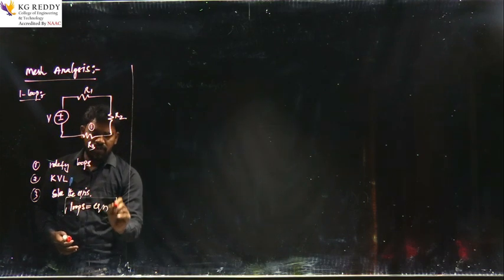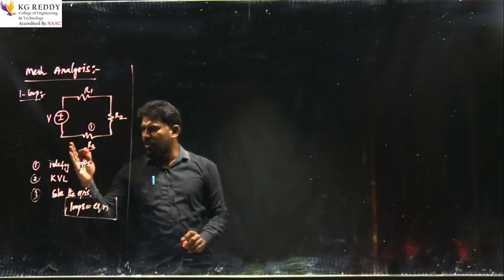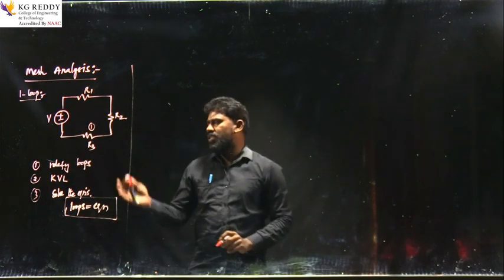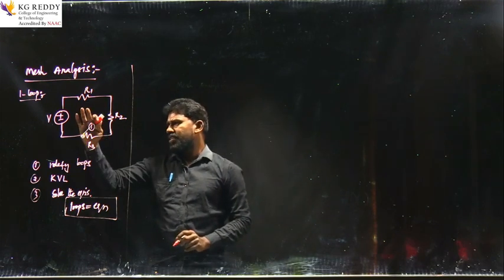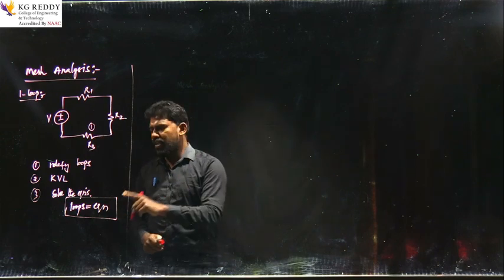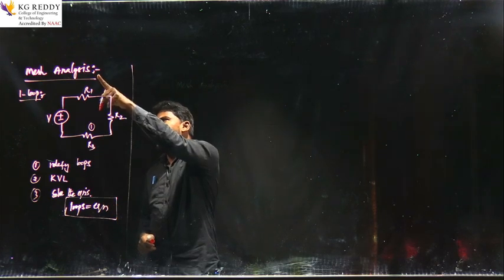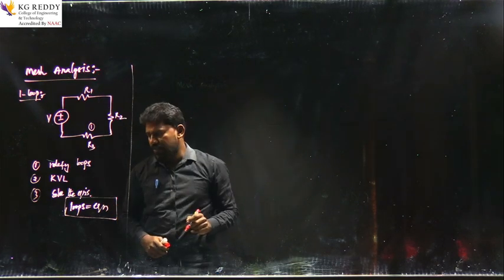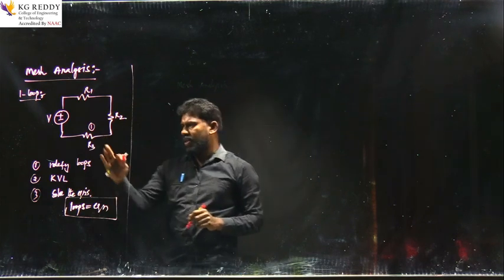You will get the same number of equations as loops by applying mesh analysis. In this case one loop is there, so you will get only one equation. So number of loops is equal to number of equations while applying mesh analysis to any network.